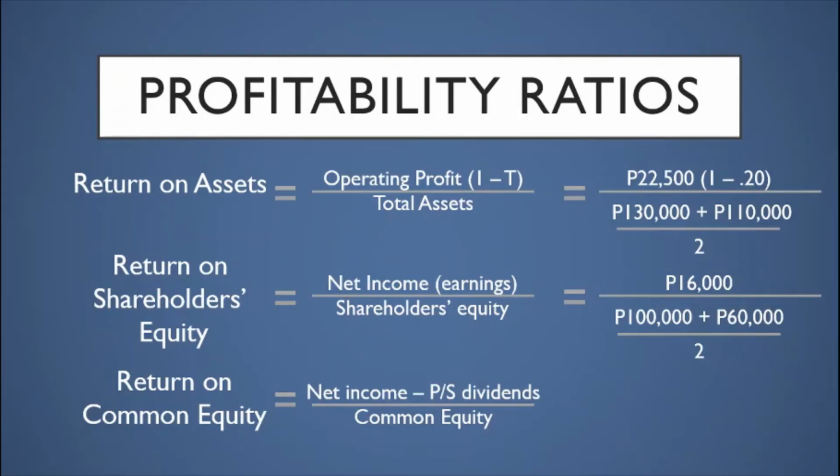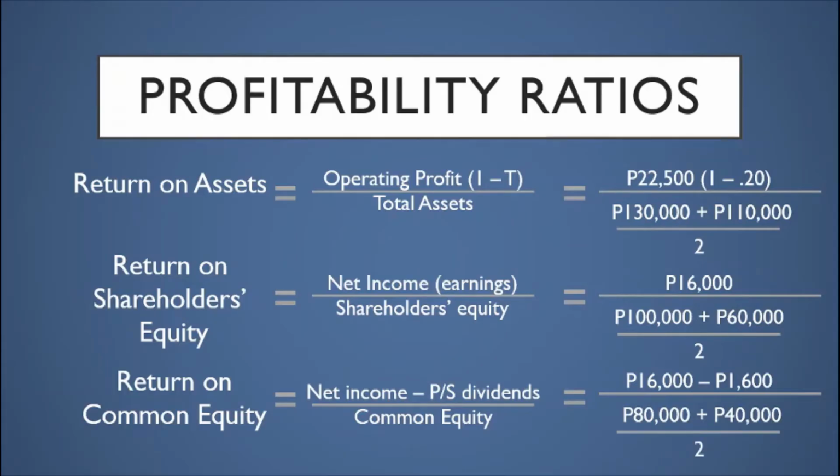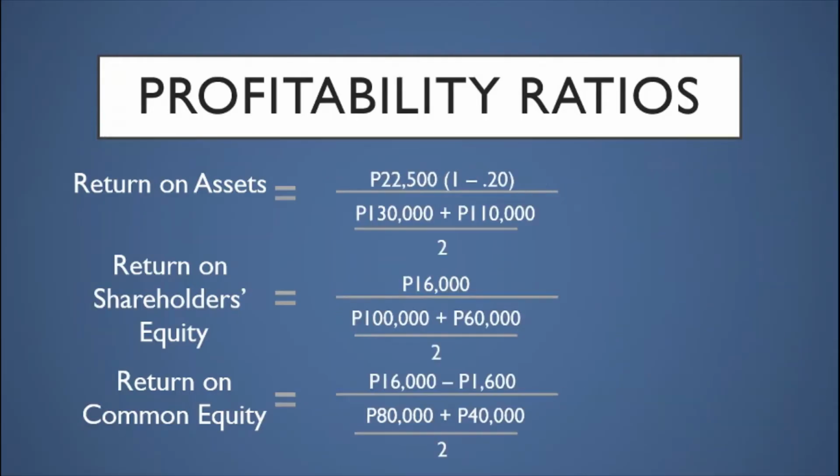Return on common equity, we have net income, 16,000 less preferred share dividends of 1,600 divided by the average common equity, 80,000 plus 40,000 divided by 2. Let us proceed with our calculations.